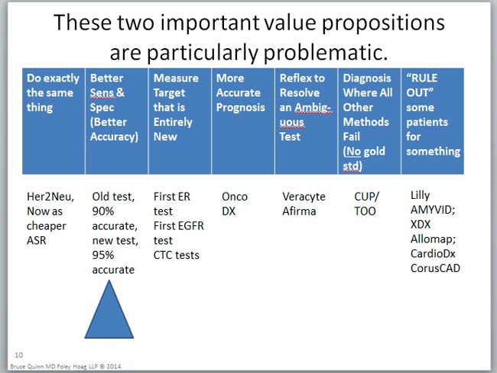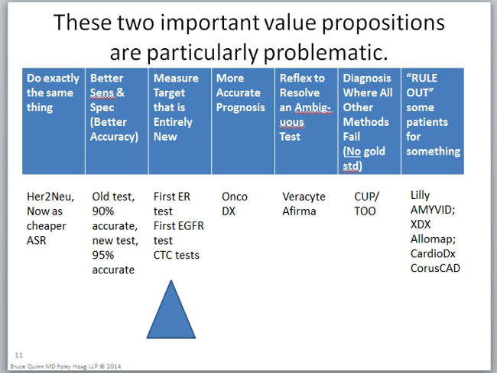The second category is better accuracy. So let's say the old test was 90% accurate and the new test is 95% accurate. So you need to define that in a rigorous way, the old test versus the new, and there may be more than one old option. And then people will say, well, okay, with that 5% difference in accuracy, what really happens to patients? But you start with the better accuracy.